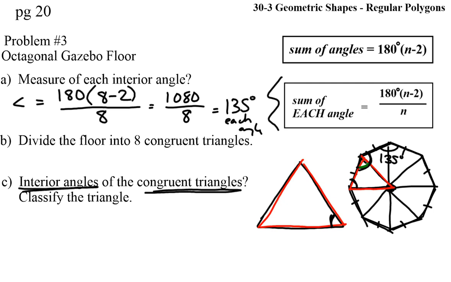So we have an angle of 135 divided by 2, because it's half of that angle size, which leaves us with 67.5 degrees.